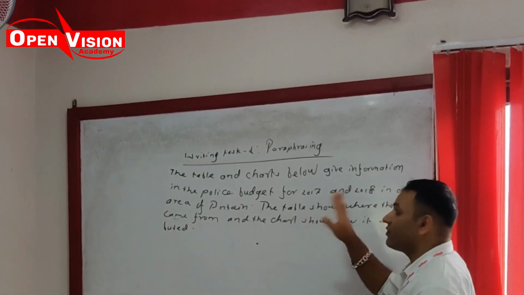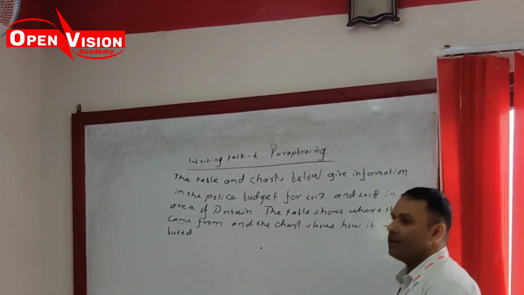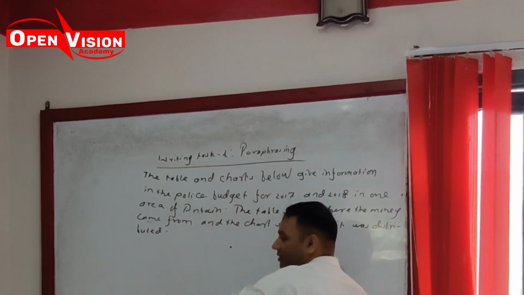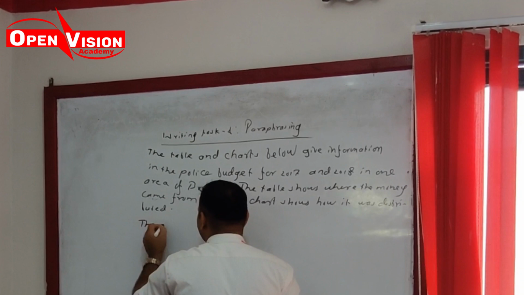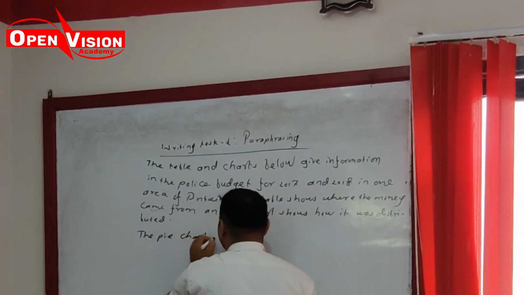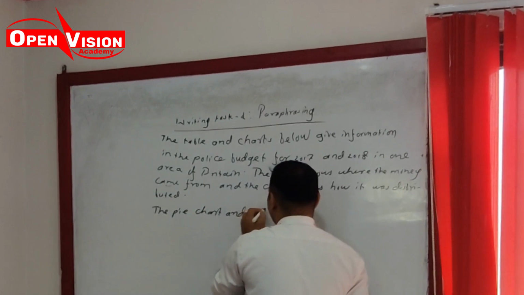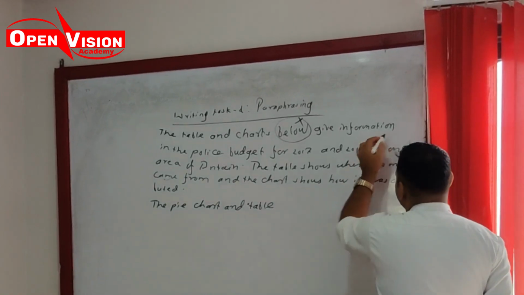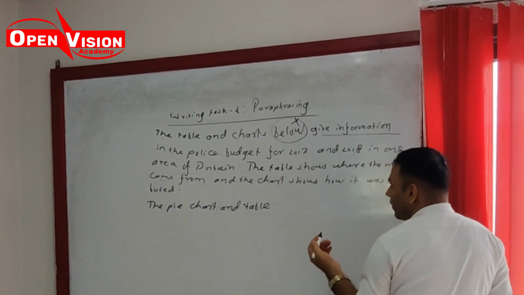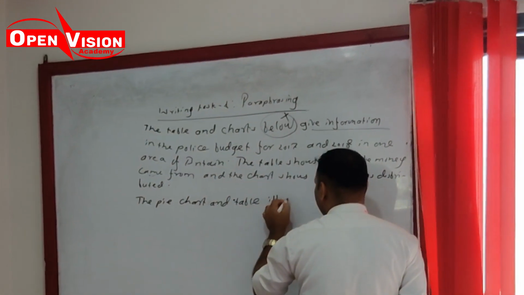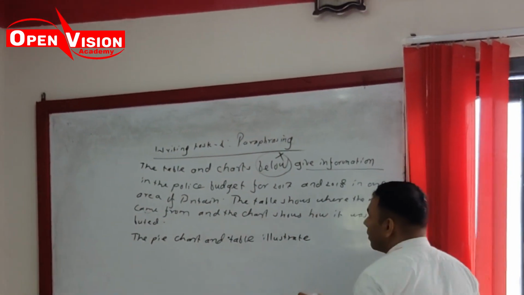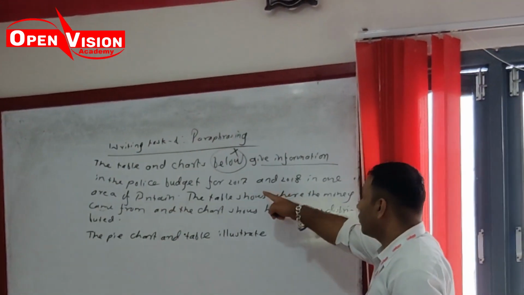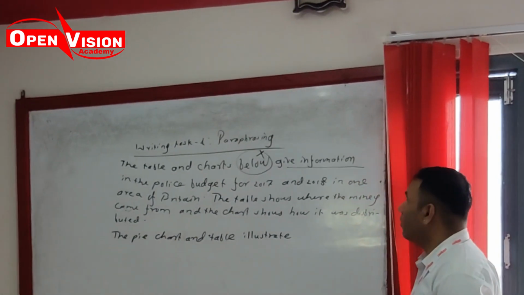Now, table and chart. Chart means pie chart, right? So you can write pie chart and table, and "below" is removed. Now, "give information" is like "shows," so what you can do is use "illustrate." Illustrate the police budget for 2017 2018 in one area of Britain.